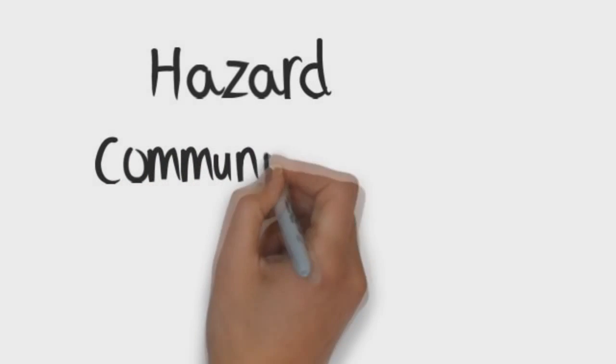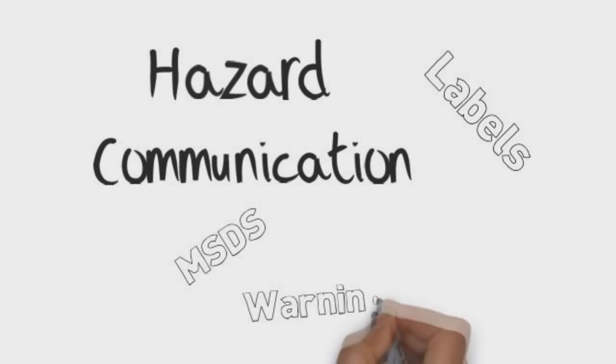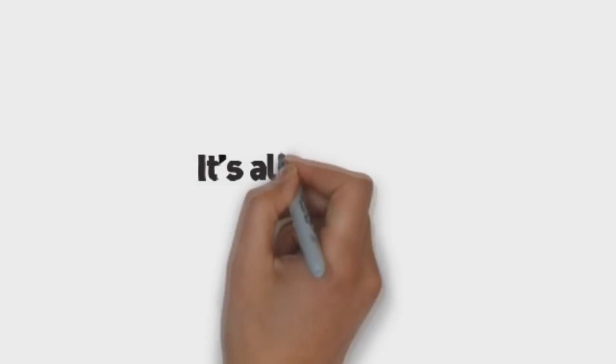Safety rules and regulations that we know under the Hazard Communication Standard are now changing, including changes in the material safety data sheets, labels, and warning requirements.